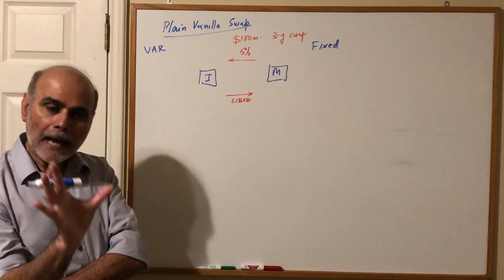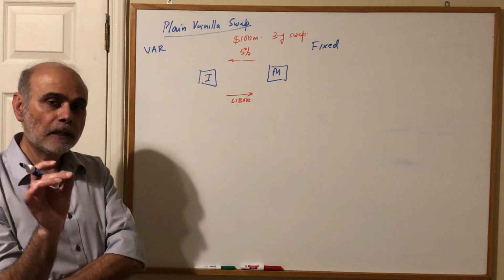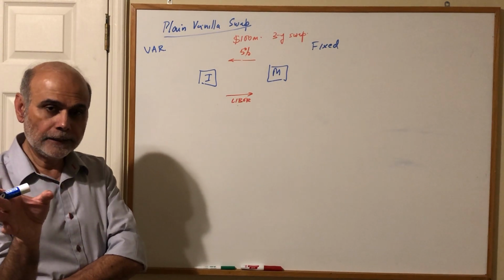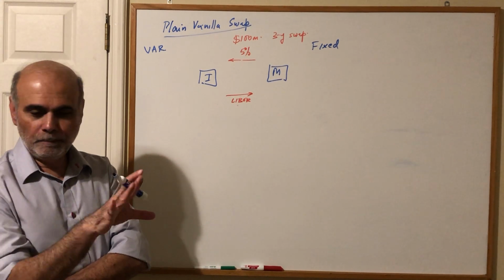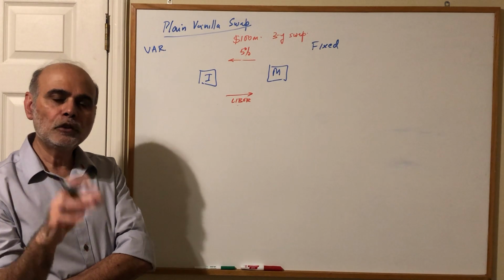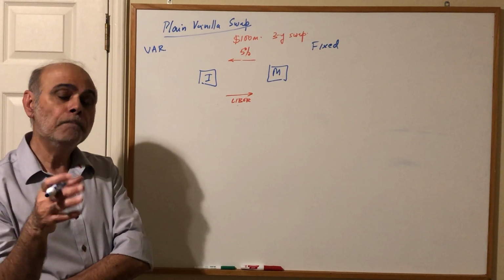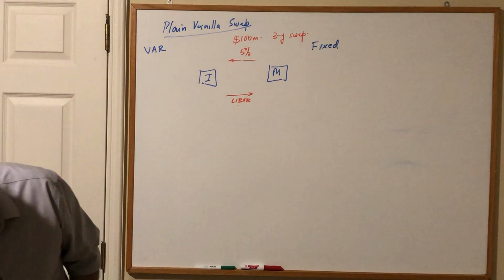Now, how one determines where the market offers the most favorable terms, I'm going to do that analysis a little later in this chapter. But for now, let's assume, based on a cursory examination of the terms, that the market is offering Intel more favorable terms on fixed rate financing. Okay?